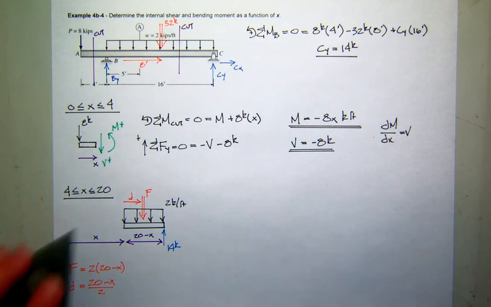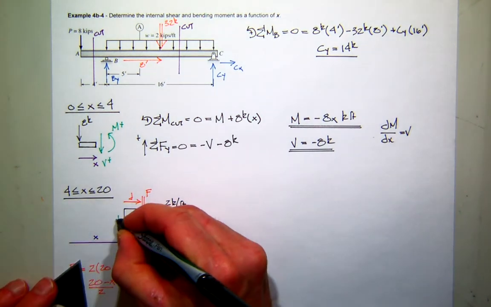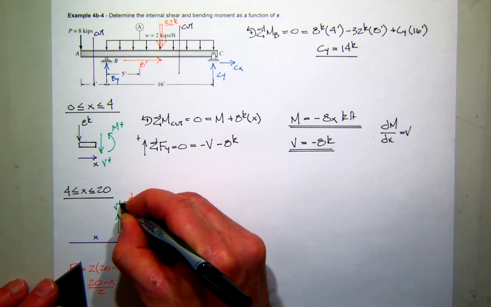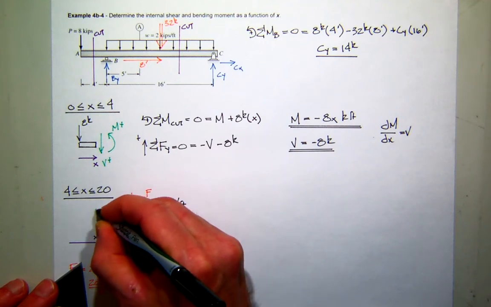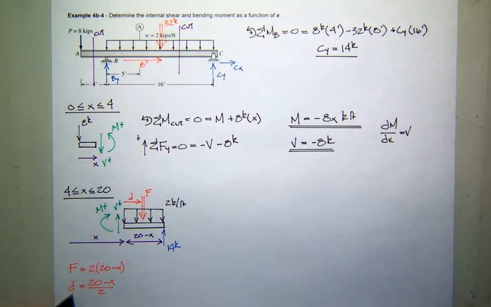And then internally, I have my positive shear force and my positive bending moment. So I think that's a complete free body diagram, and now we can just apply our statics to it. And if we take our time, we should be okay.